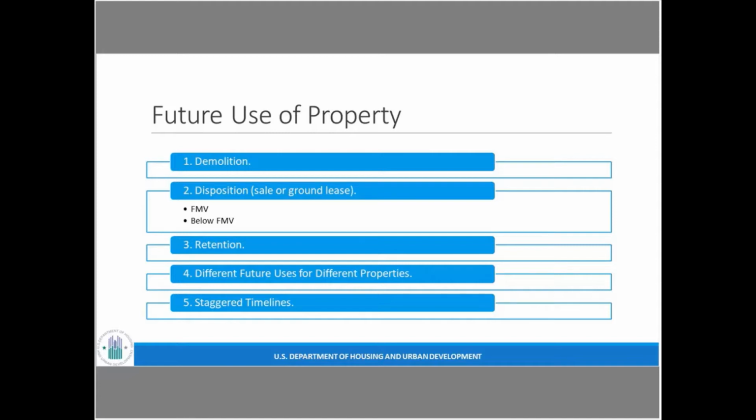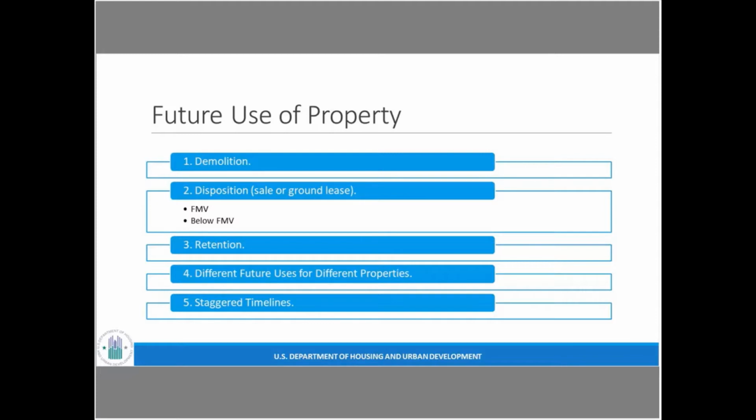As with Section 18, the transfer can be to any entity, and there's even more flexibility in terms of transfers under Streamlined Voluntary Conversion than there are under 18. It can be an entity completely controlled by the Housing Authority, a nonprofit, or an LLC.